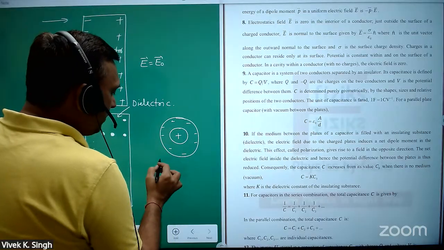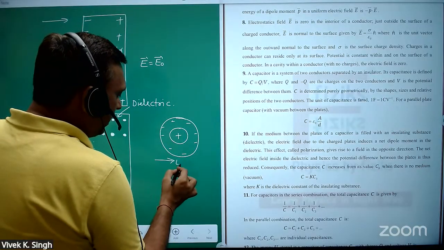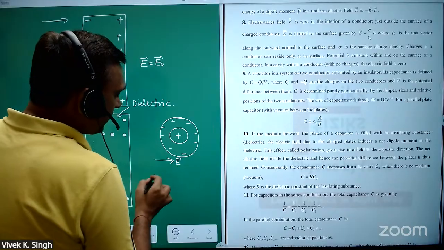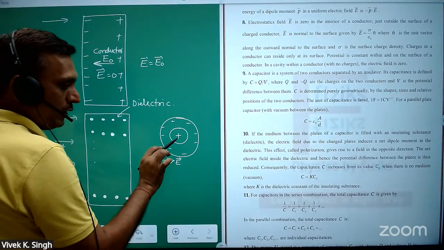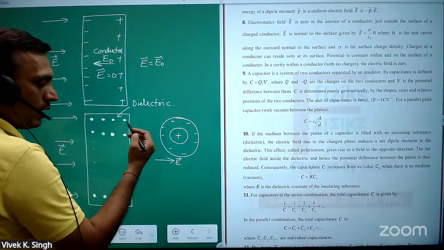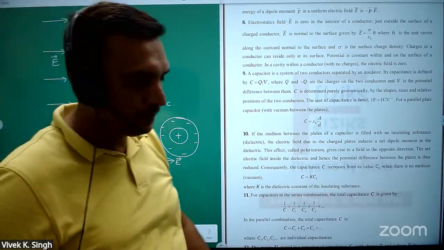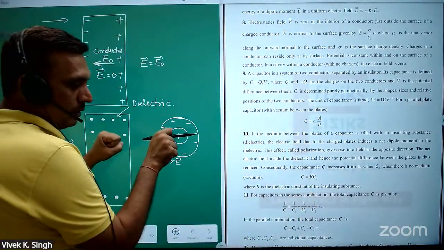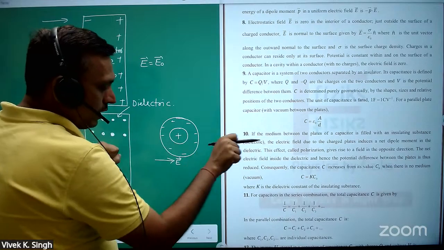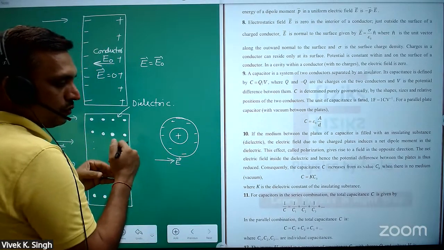When this atom is placed in an external field, what will happen? This electric field will push the nucleus towards the right and the electron cloud towards the left.